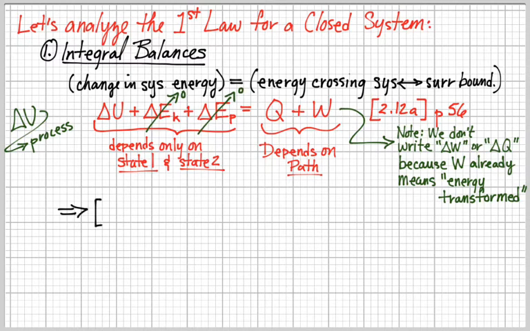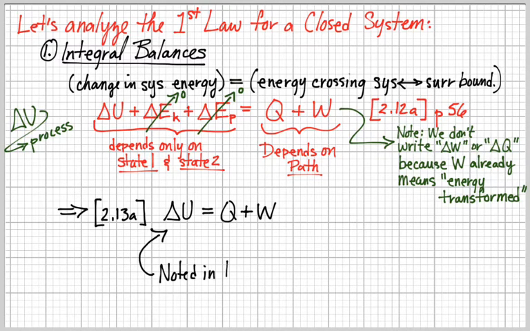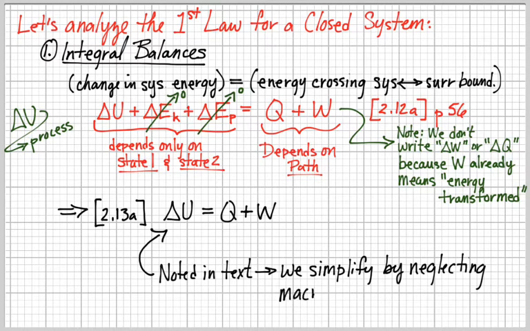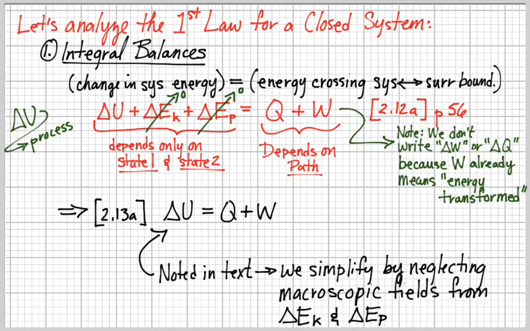In most of this class, we're going to take out those external energy forms. And we noted this is actually in your reading. We're basically simplifying our analysis by neglecting the macroscopic kinetic energy and potential energy changes from external fields, like the gravitational field.